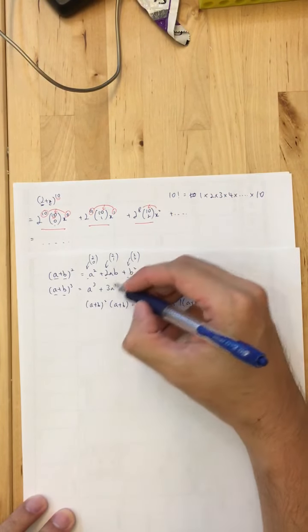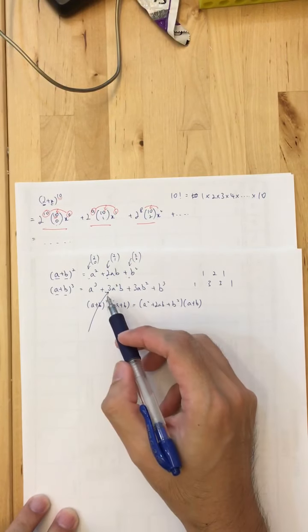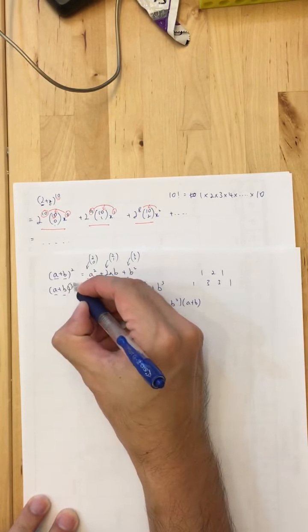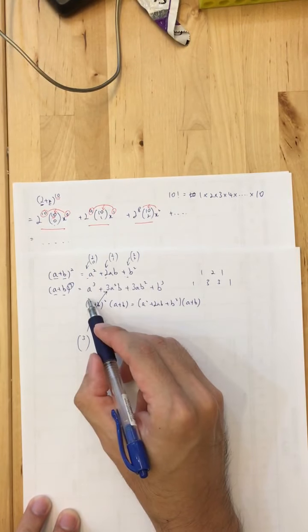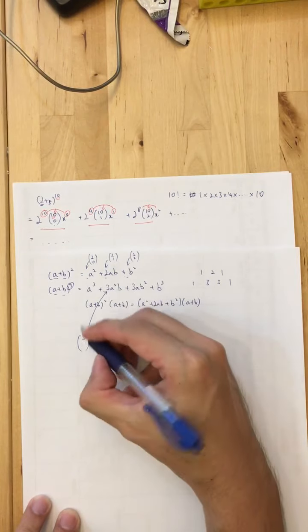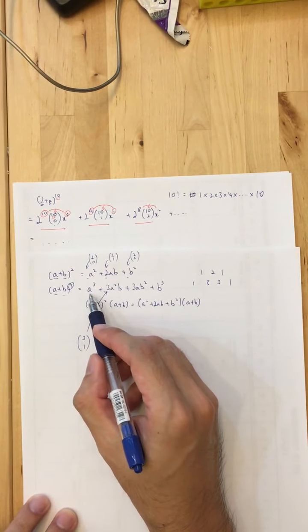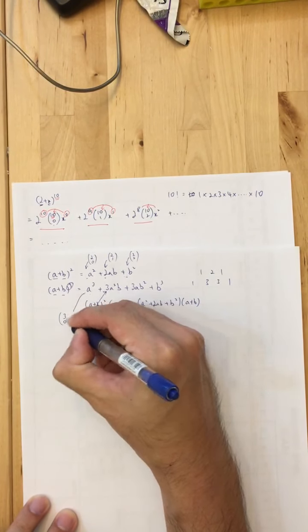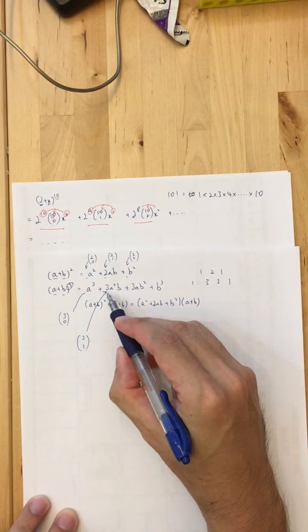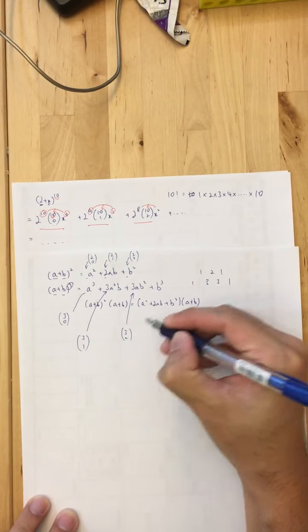For example, this number 3, because it's power 3, so it will be 3 choose 0 for the first coefficient. The next coefficient will be 3 choose 1. This coefficient will be 3 choose 2, and so on and so forth.